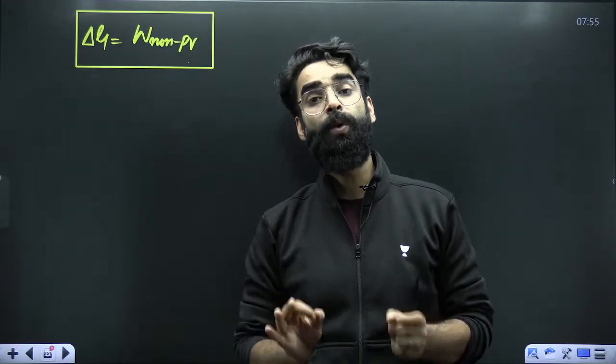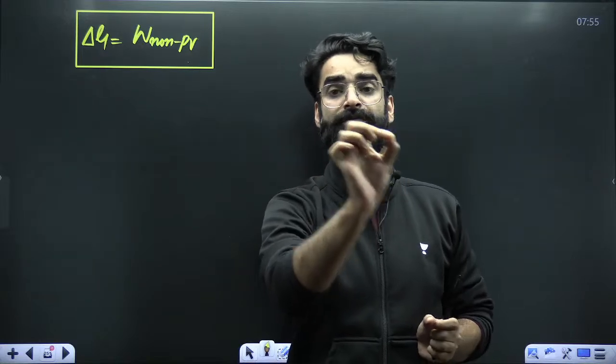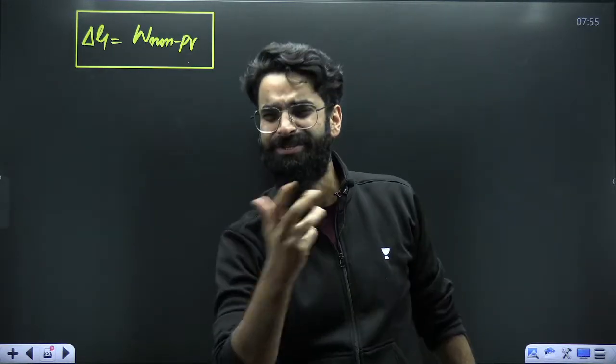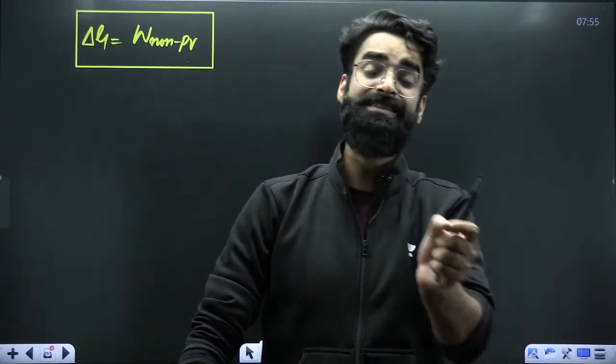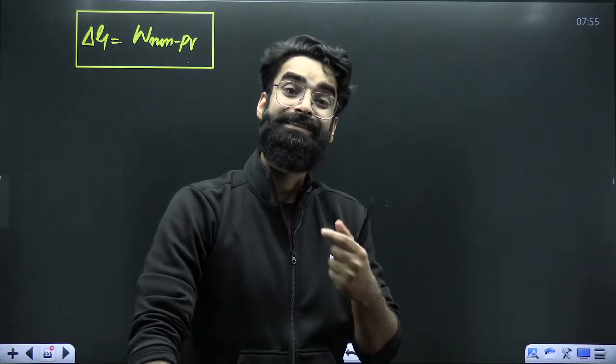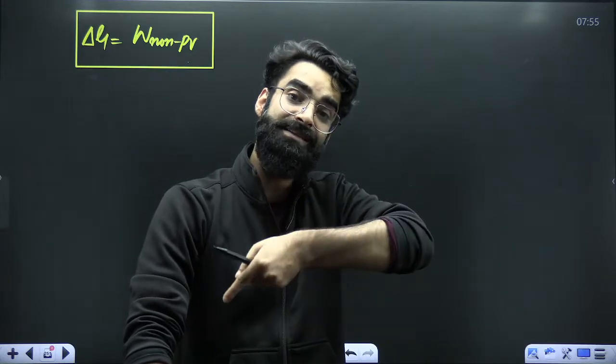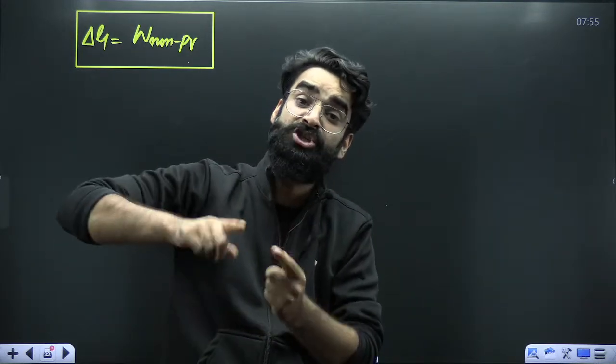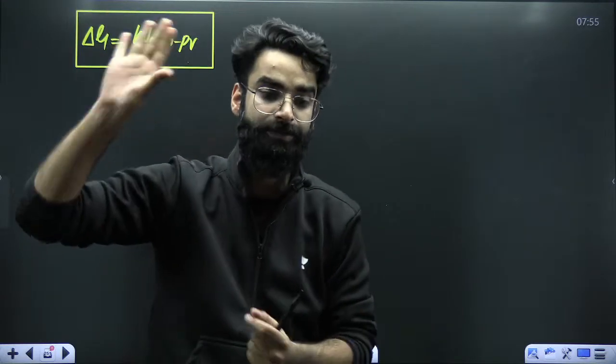Now, my dear students, I told you, in order to take the electron from anode to cathode, the system will be utilizing some of its energy. The system will be utilizing its available energy to send the electron from anode to cathode. So with time, the available energy of the system will be decreasing because some part of it is utilized to send the electron from anode to cathode.